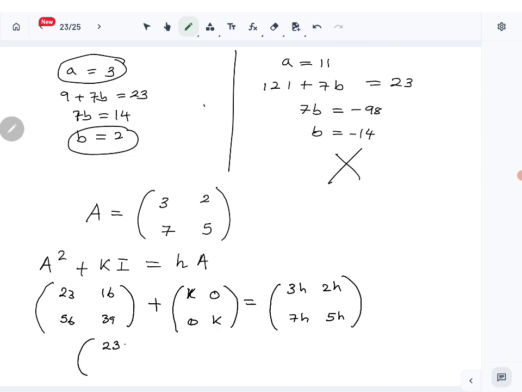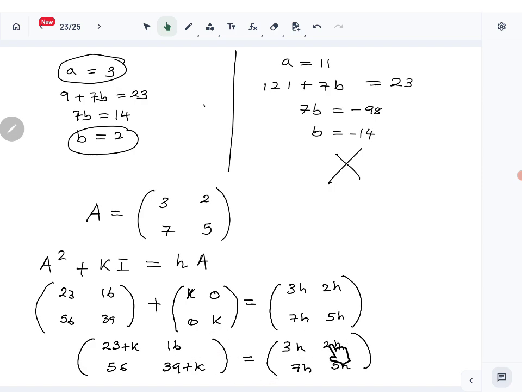So 23 plus k, 16, 56, 39 plus k. So then what do we have? 3h, 2h, 7h, 5h. Right. So these two matrices are equal.